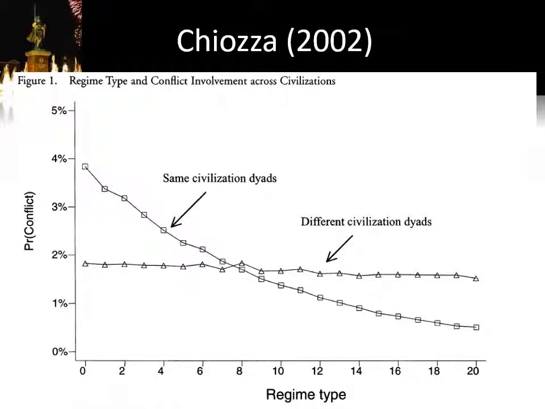Another thing, though, the one thing that Chiozza finds is that when considering the effect of democracy, he finds an interactive effect, and it's not the effect predicted by Huntington, but he finds that democracy has a different impact on the probability of war in dyads from the same civilization as opposed to dyads from different civilizations.